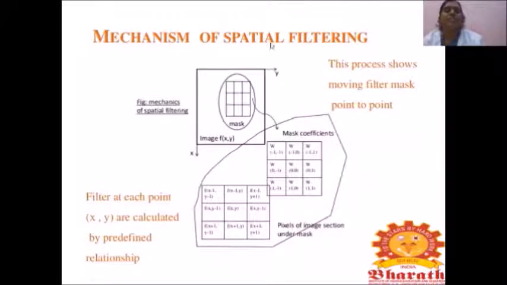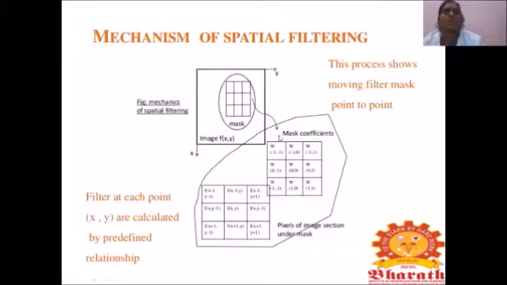So the spatial domain filters. This is the filtering mechanism. This is the x-axis and y-axis. This is the image f of x comma y. Assume the entire region is the image, and this is the mask.